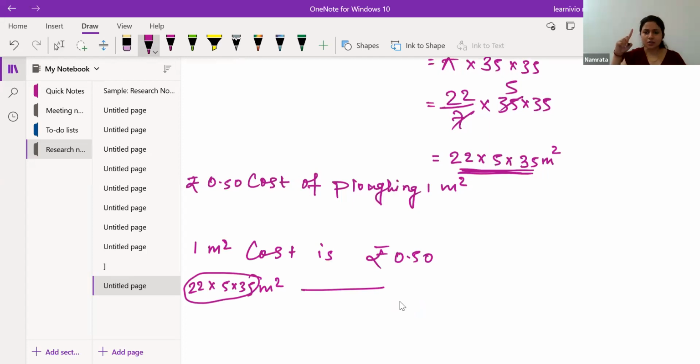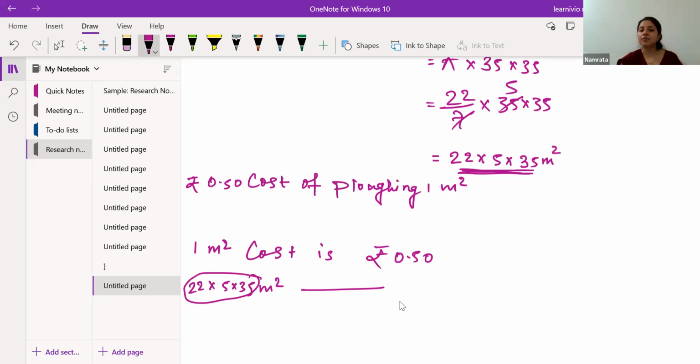If you know one thing's cost and you have to find 100 things' cost, you will do the multiplication, right? Right, Jasleen and Madiha? Yes. If I know one book's cost is 500 rupees and I need to buy 20 books, what I will do is 20 into 500, right?